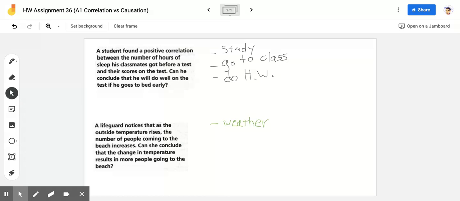Let's say if the temperature goes from 20 degrees to 30 degrees, is that going to make you go to the beach? No. All right. It got a little warmer, but it's still below freezing. So we could say, where did the temperature start?